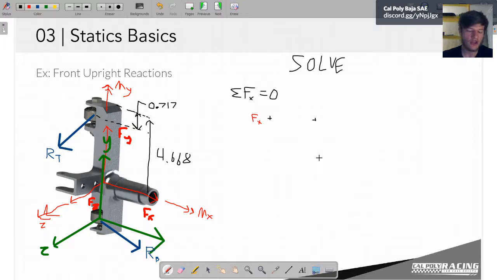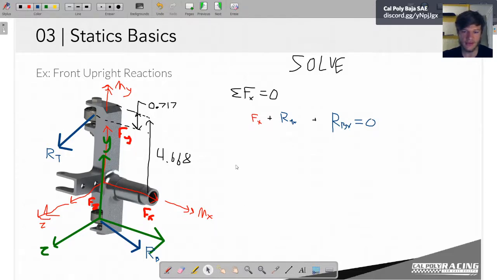I'm just saying they're positive. If they happen to be negative, that's okay. So we've got plus Rtx plus Rbx equals 0.